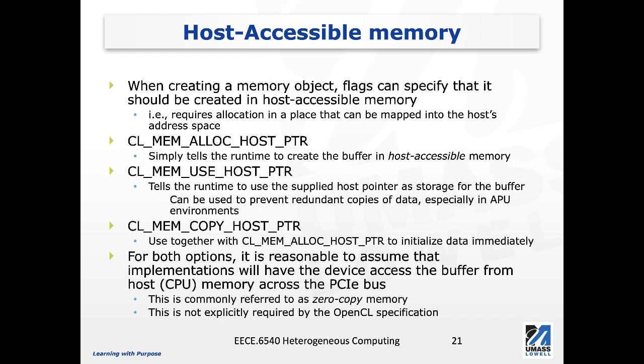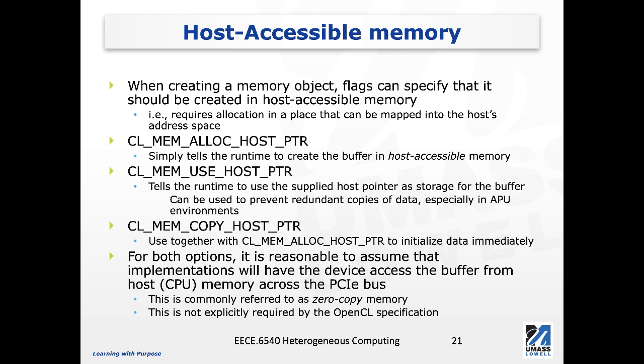This host accessible flag requires that the allocation be mapped to a space that is accessible to the host. Oftentimes, if it is on the device side, this part of the memory should be mapped into this memory address space.